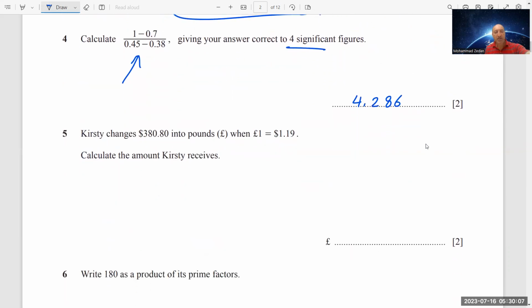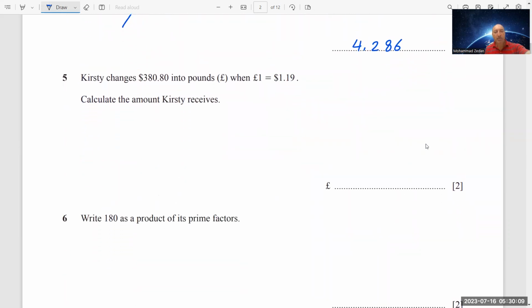Christy changed $380.8 to pounds by this ratio. Calculate the amount to Christy. So I have $380.8. Just multiply by the conversion unit here. Start with the £1 up and make the dollar down, $1.19.